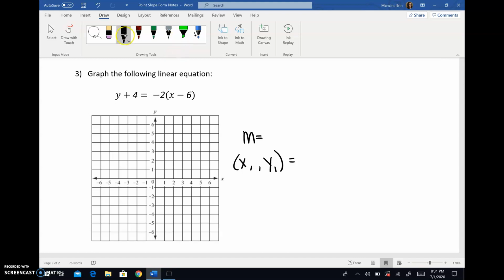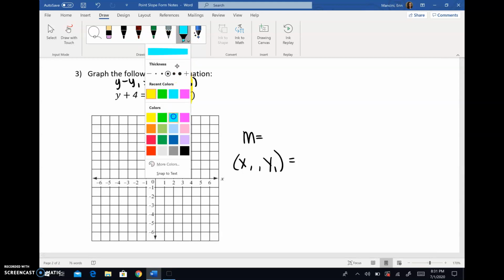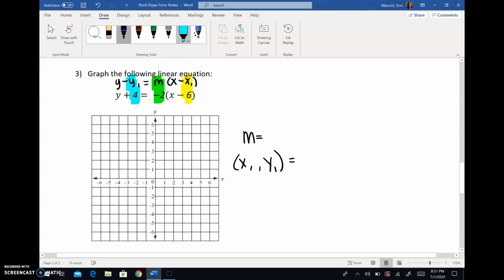So here, let's go ahead and write point slope again. It's y minus your y coordinate equals your slope times x minus whatever your x coordinate of that point is. This is going to be your slope, lining them up real nice. This is going to be your x coordinate, and this is going to be your y coordinate of that point. So your slope is negative 2, which remember is a rise over run from our previous learning.